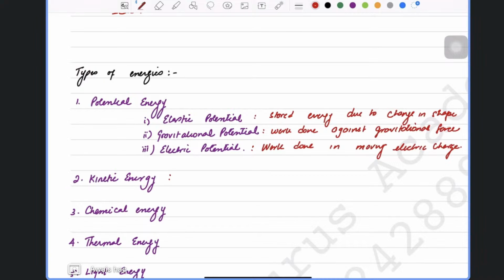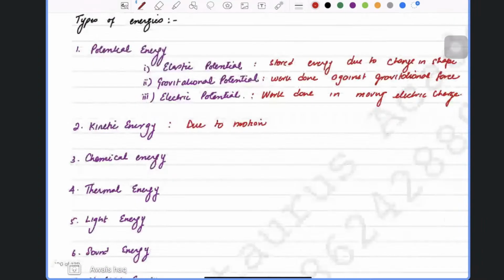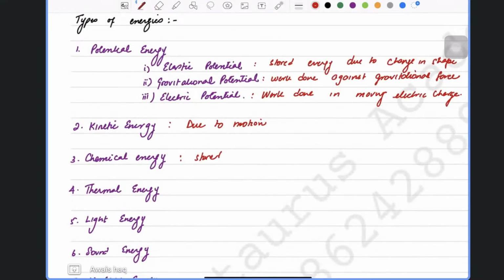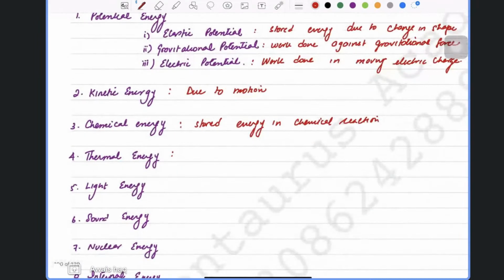Then kinetic energy is due to motion. Anything moving has kinetic energy. Chemical energy is stored energy in chemical reactions, whether it's happening in the body or in other reactions. Then thermal energy is the heat energy, and light energy is energy carried by photons.